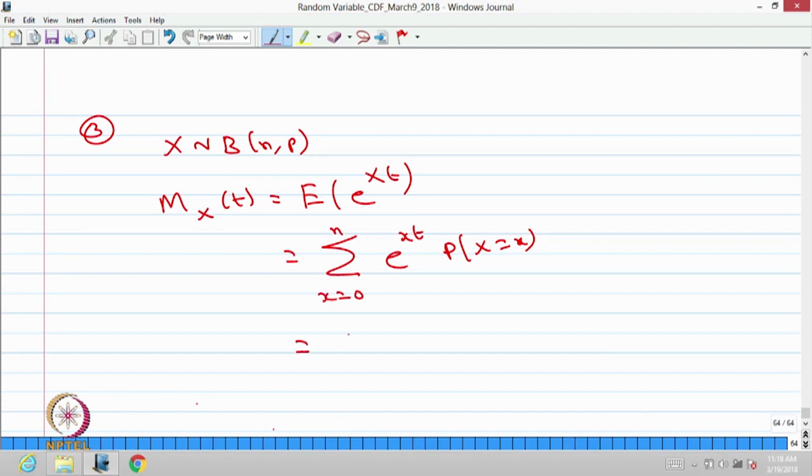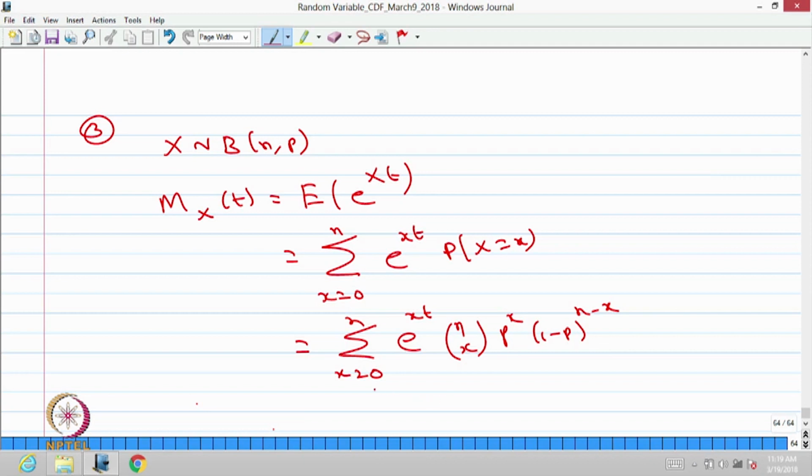So, you substitute all the values, that is, x equal to 0 to n, e power x times t, and the probability of X equal to small x is nCx p power x (1 minus p) power n minus x. Now, you do not need to expand and simplify. You can keep p power x and e power xt together.